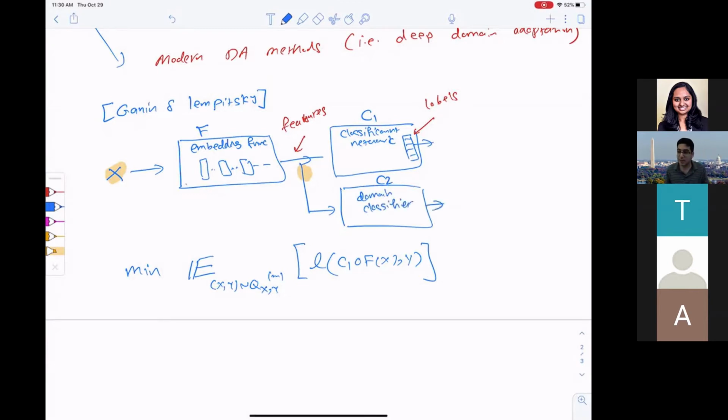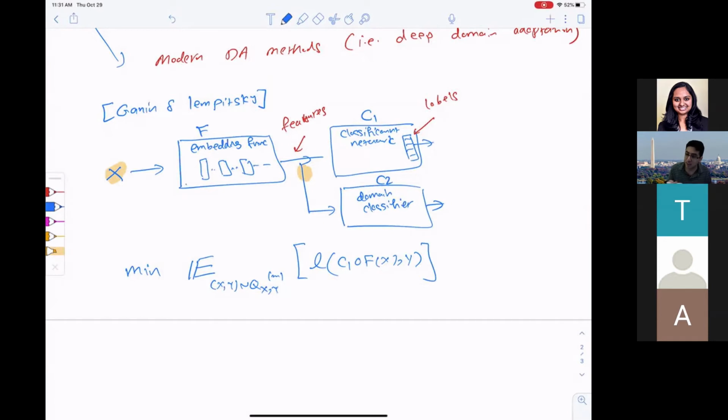If this domain classifier is successful, then I'm not aligning my source and target features well on top of each other. But if this domain classifier is not successful, it means that the embedded features of source and target are, roughly speaking, on top of each other, and my classifier is not able to distinguish between the two.